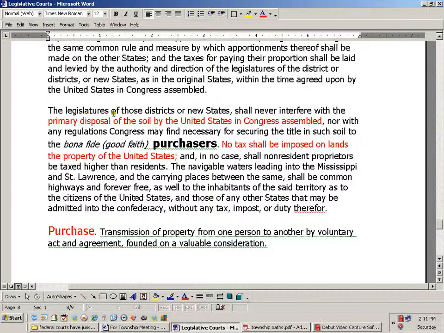And the legislatures of those districts, so the little federal districts we're in, or the new all capital letter state or the organized states, shall never interfere with the primary disposal.